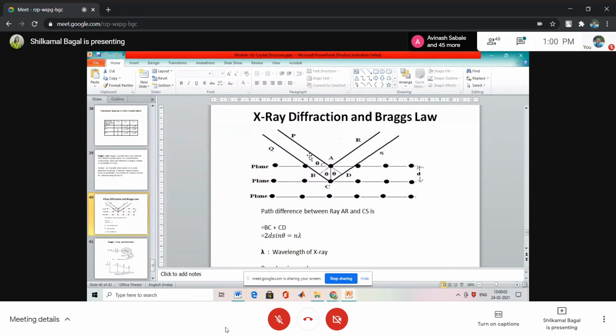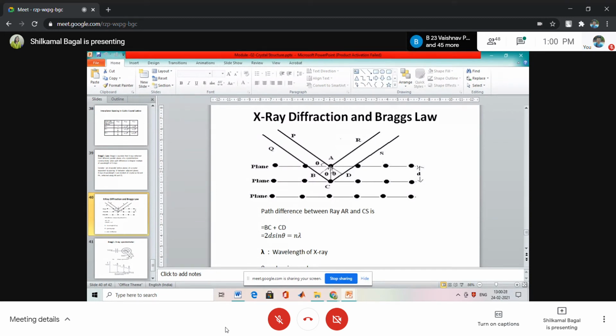We know that they can penetrate thin sheets. So when X-rays came from air to the crystalline solid, there is no change in their path, and they just are incident on the crystal atoms and reflect from these atoms. So this is nothing but the reflection.